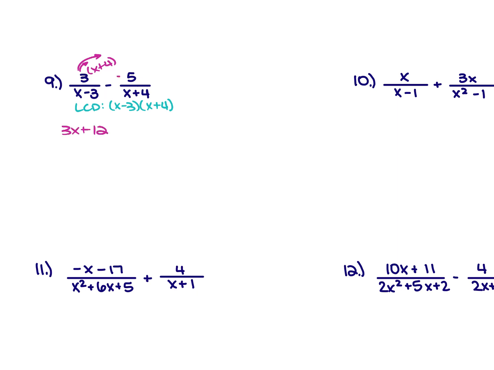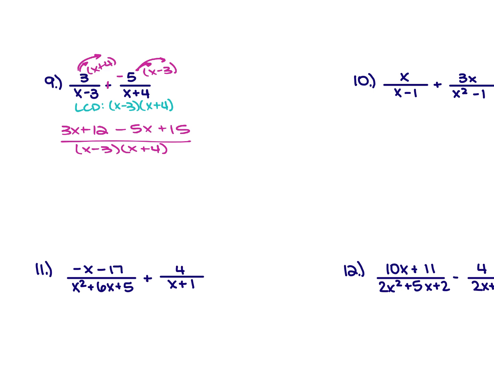We're going to turn that 5 into a negative 5 and put addition between these two fractions. That second fraction's numerator is going to be multiplied by x minus 3. So we're going to multiply in the negative 5. So that's going to give us negative 5x plus 15. And that all goes over your least common denominator of x minus 3 times x plus 4.